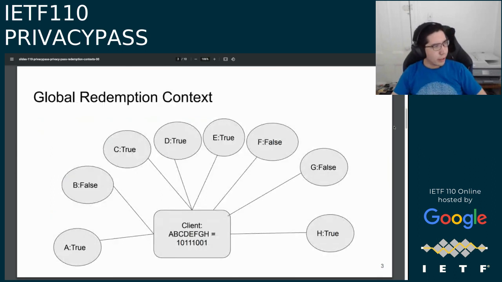Next slide. In the global context case, the problem we have, which Alex mostly covered, is that all these issuers together can build up a massive fingerprint or ID. In the worst case, you assume that each issuer is one bit of your identifier, and then very quickly you build up an identifier that's enough to identify most users in your space.